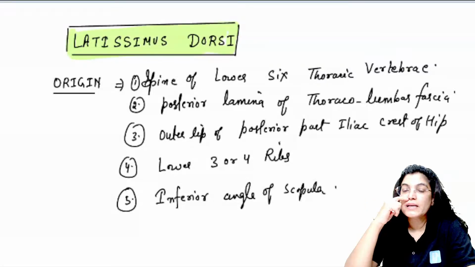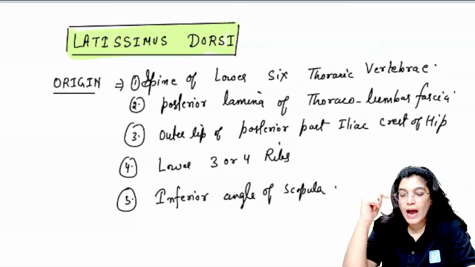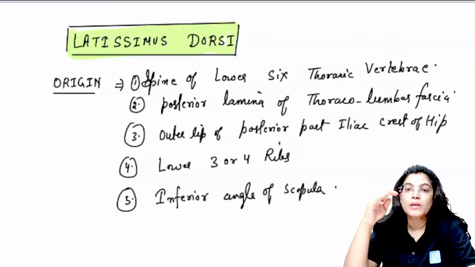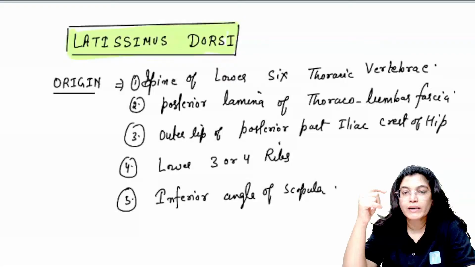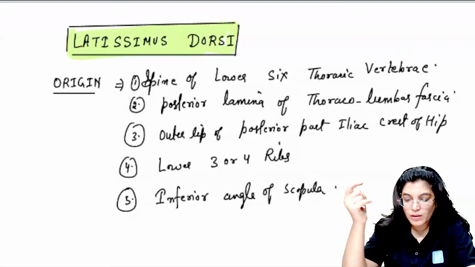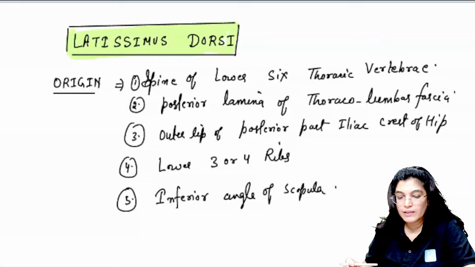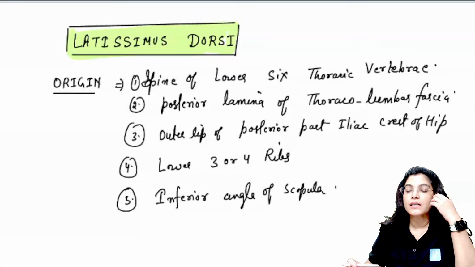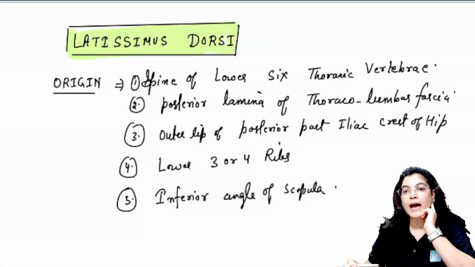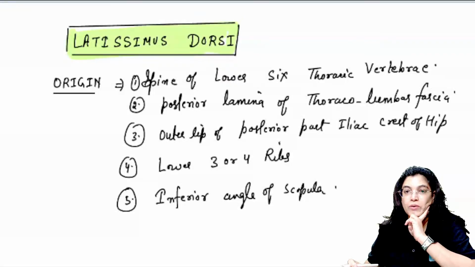These fibers will curve and then they will insert into the floor of intertubercular sulcus, that is called as bicipital groove. When it is inserting, it will insert like a flattened tendon, and at the insertion point it is quite narrow.